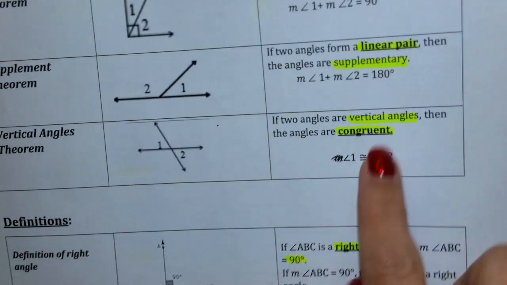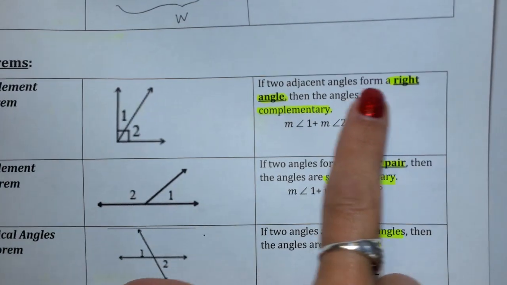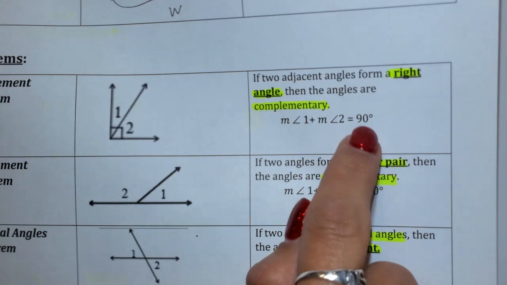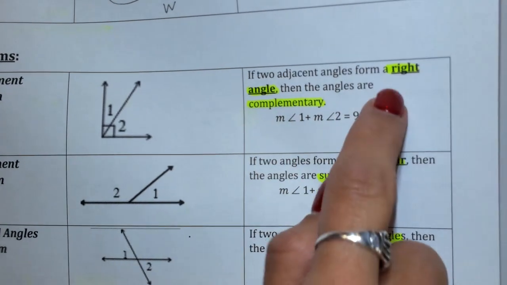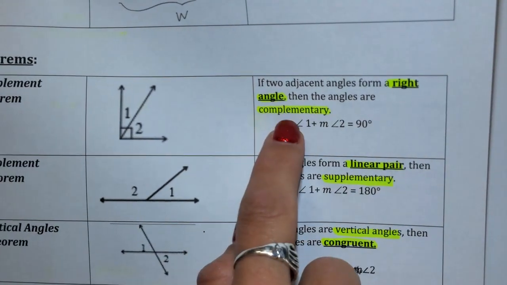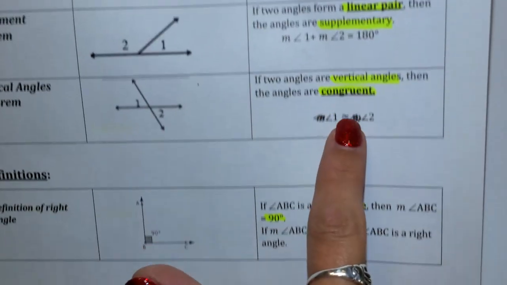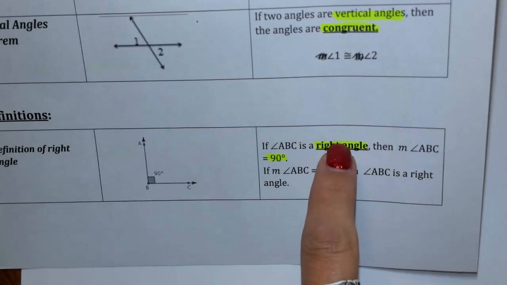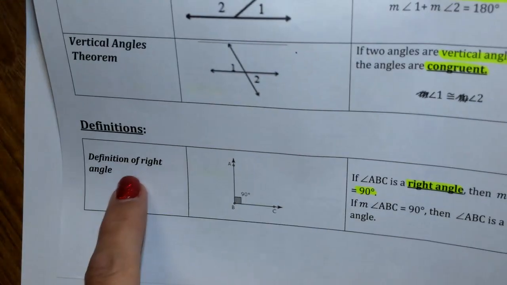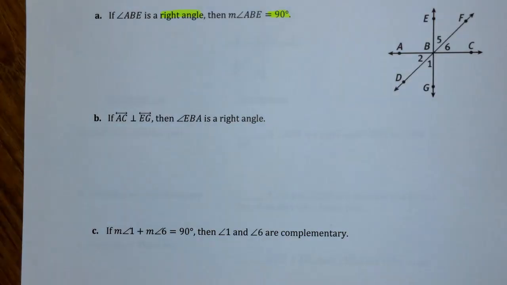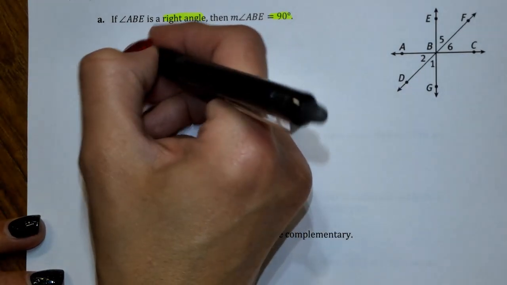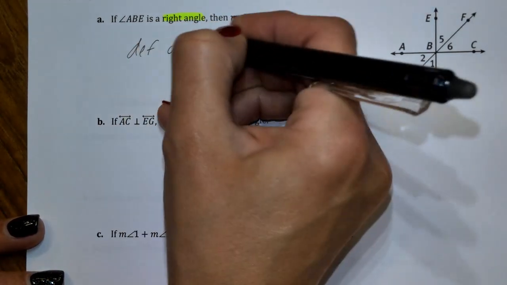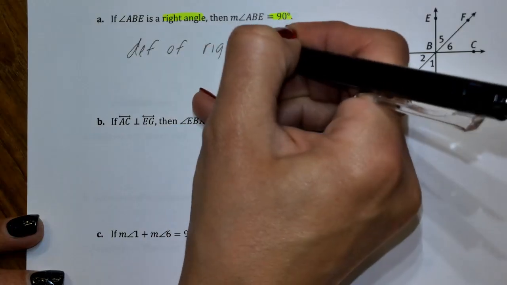I'm going to see right angle right here, but it doesn't say 90. That's why I don't want you highlighting this part, okay? Right angle, but complementary. So keep looking, and we're going to see, oh, there's right angle and 90 degrees. Definition of right angle. Here's your angle symbol.